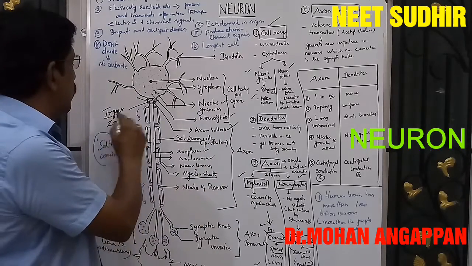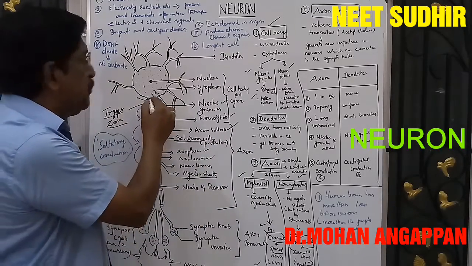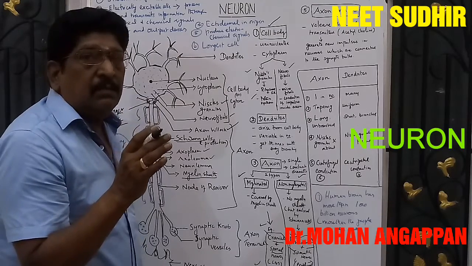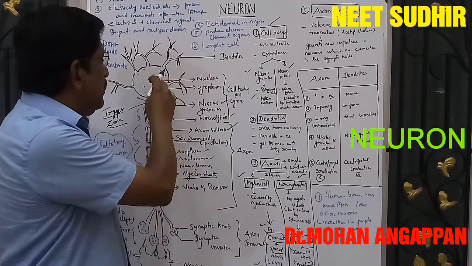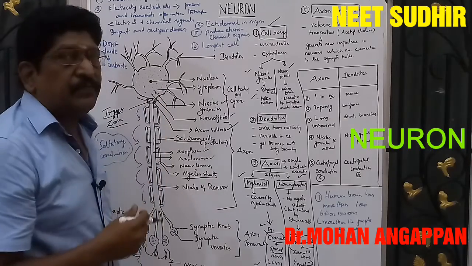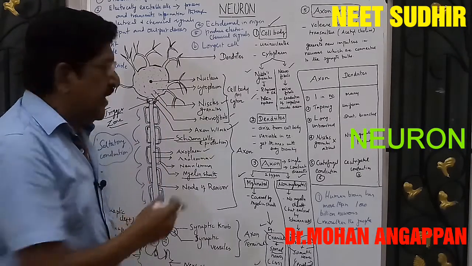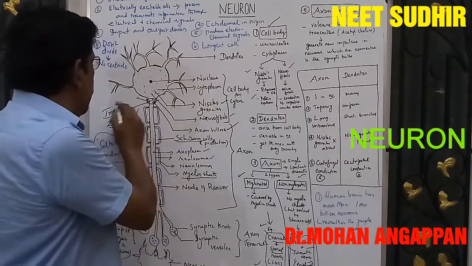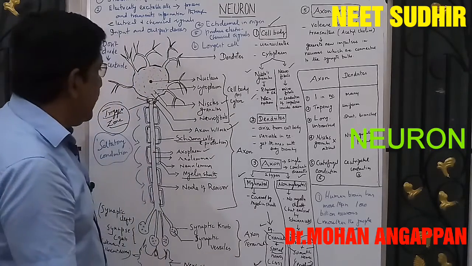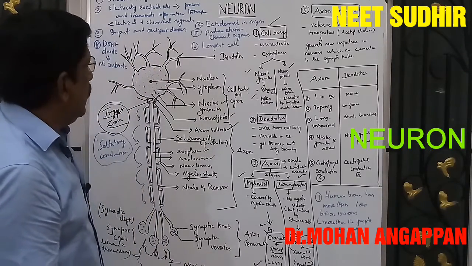It is called the trigger zone because in this portion only, the action potential produced is conducted into the axon. So the axon hillock is the trigger zone.